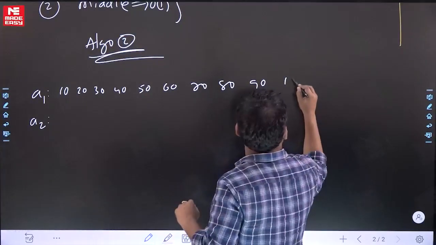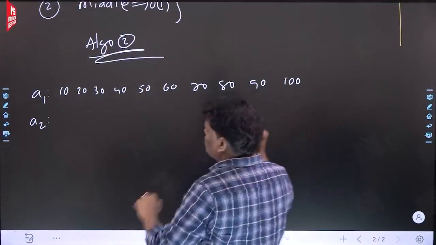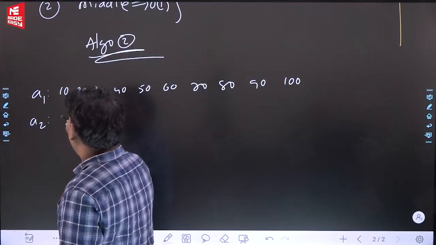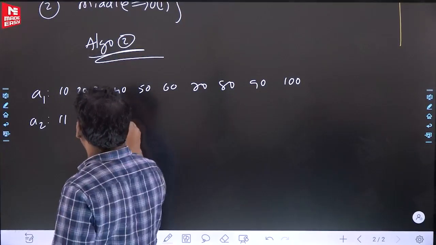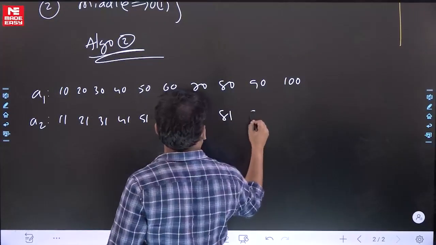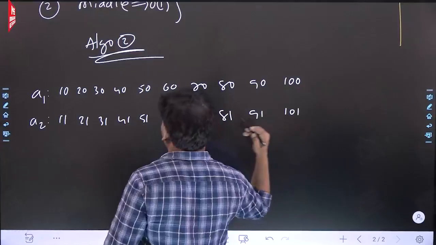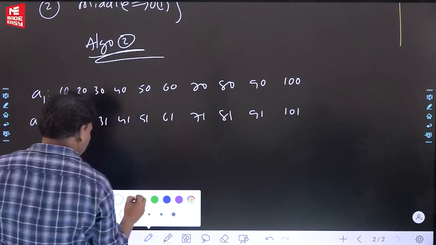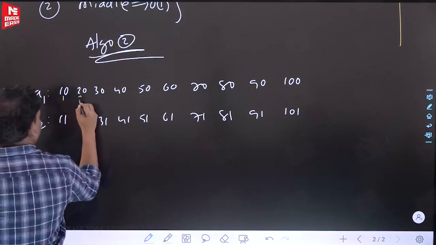I think that is 10 elements. Next one: 11, 21, 31, 41, 51, 61, 71, 81, 91, 101. Both are 10 elements. Let's see the indexes also.